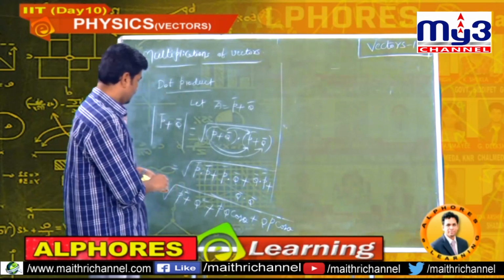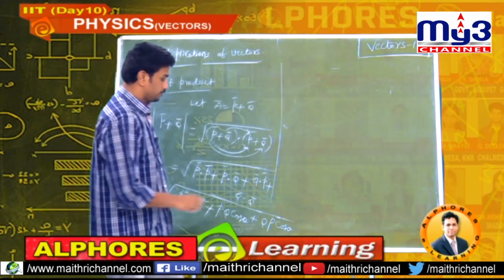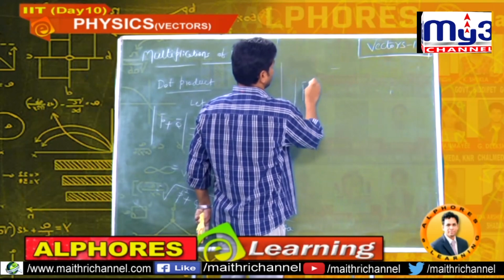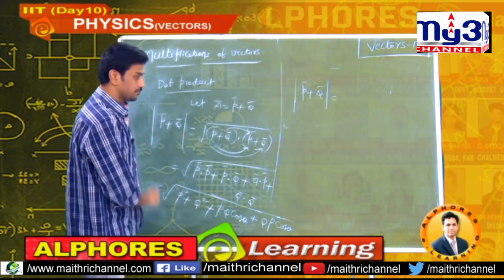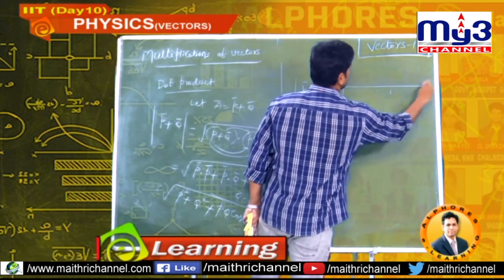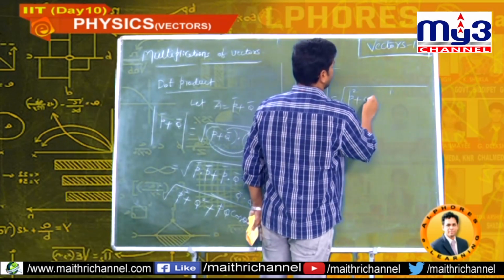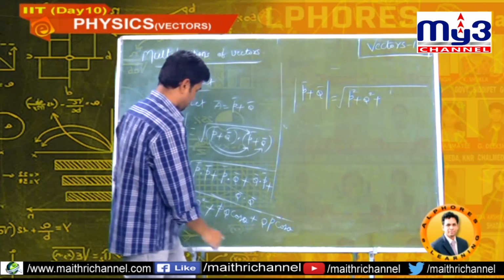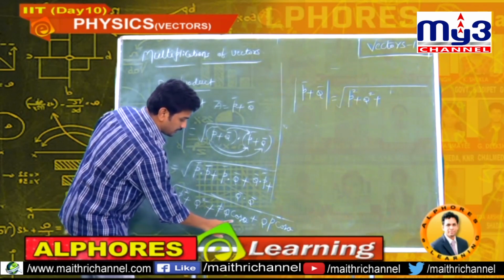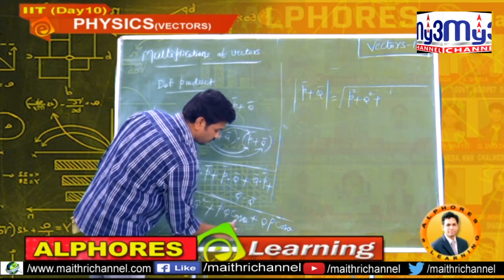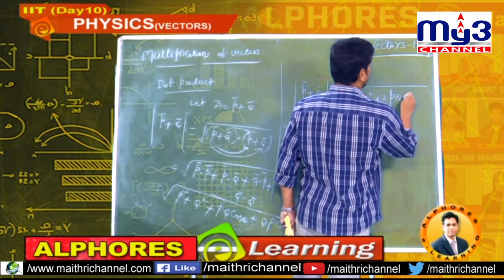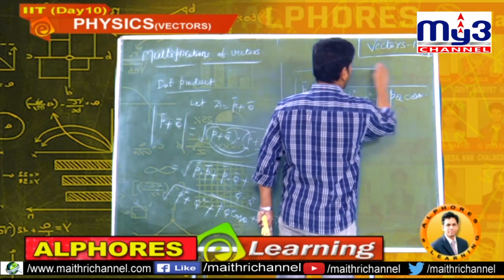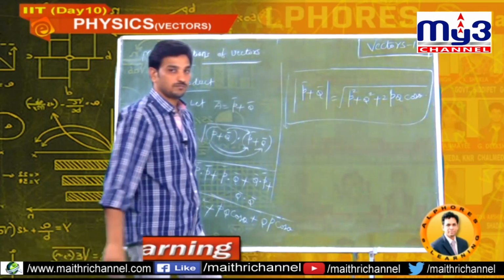Now mod P bar plus Q bar is under root of P square plus Q square plus PQ cos theta plus QP cos theta, both are the same. Now, 2PQ cos theta. Have you observed this equation anywhere?